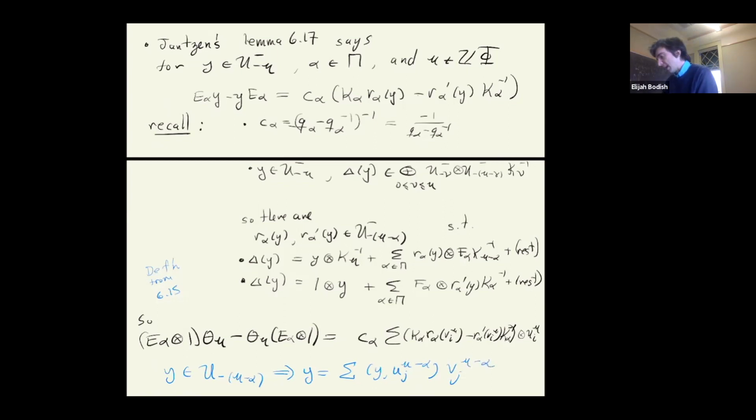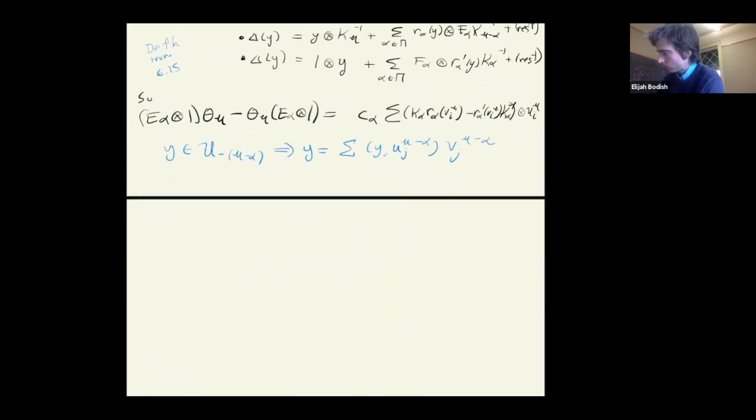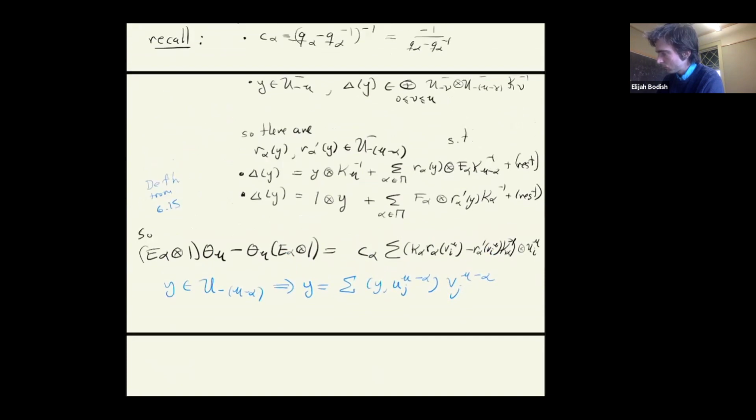So I can just expand out that y, and so I can apply that here and expand the R alpha vi mu's and the R alpha prime vi mu's. And that gives me, let me give myself a little bit more space. So the next line is, this is C alpha.